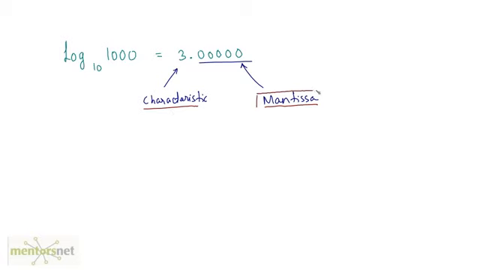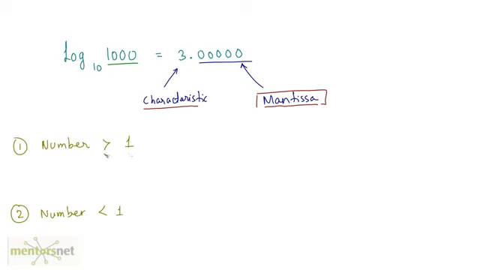The mantissa you can get from the log table. There are two cases while you calculate the characteristic: the first case is that the number is greater than 1, and the second case is that the number is less than 1. Which number am I talking about here? The number of which you want to calculate the log.